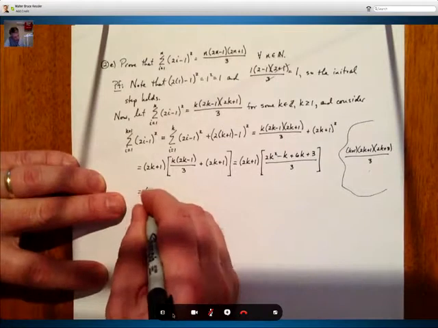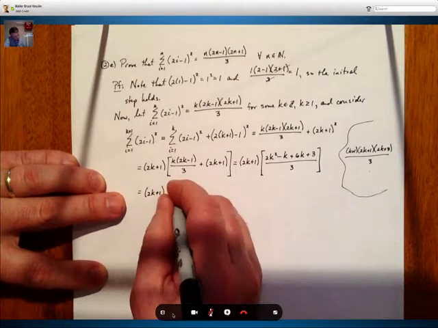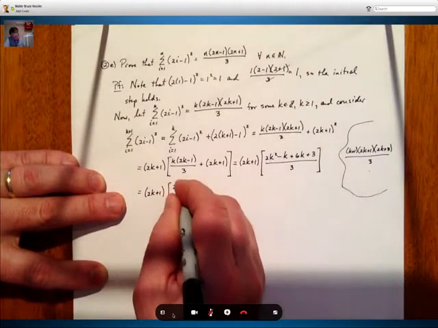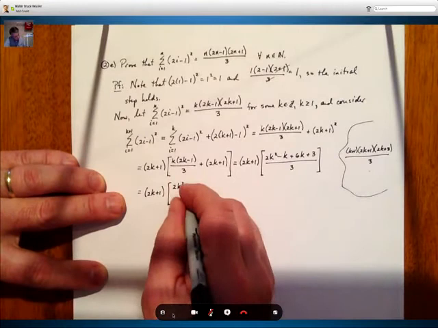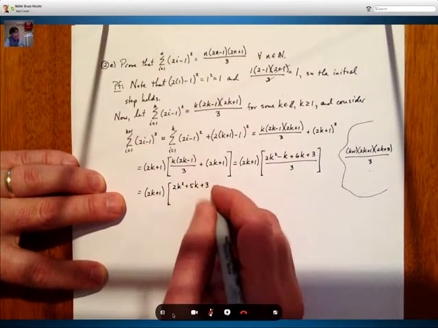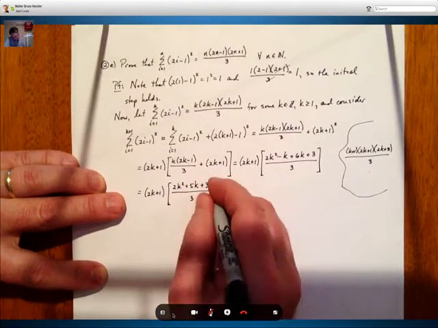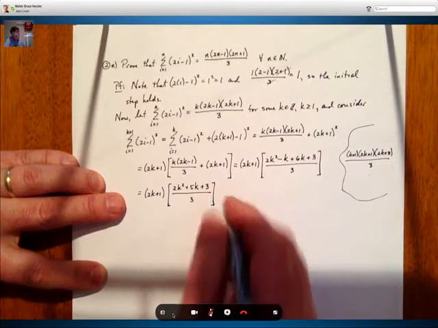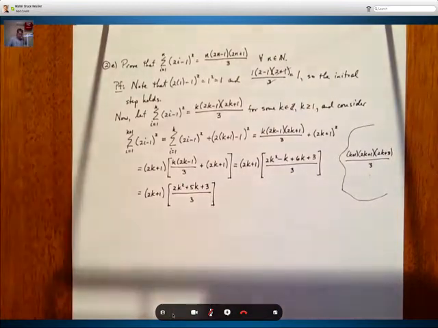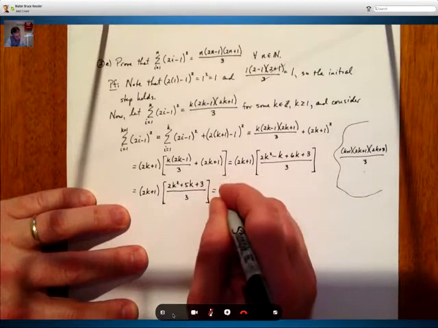Alright. So still holding on to my 2k plus 1 here. And what do I end up with here? 2k squared plus 5k plus 3. So it looks like to get the 5k, I want 2 times 1 and 3 times 1 added together to get the 5k.